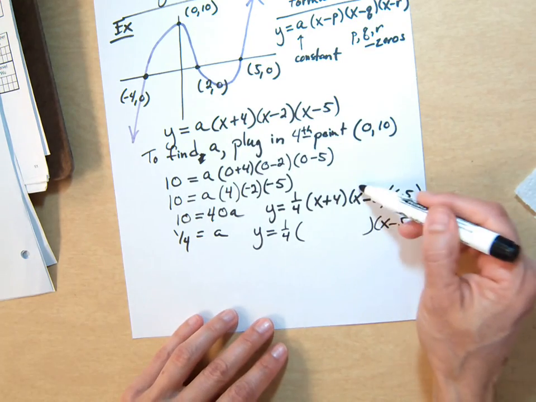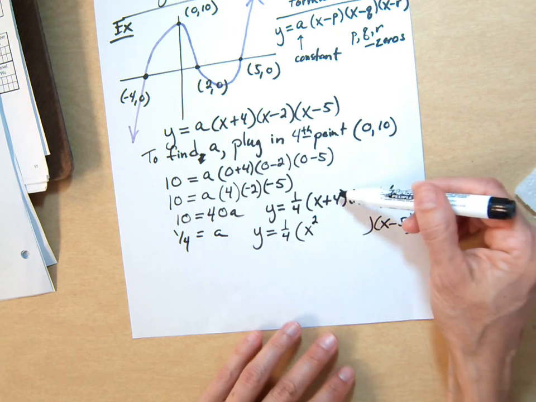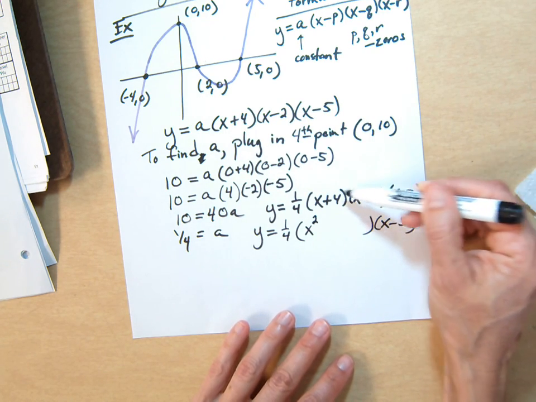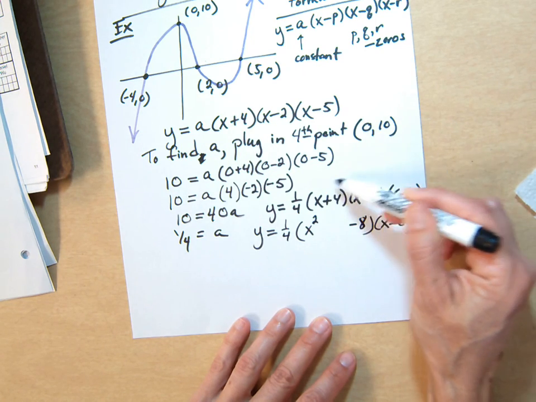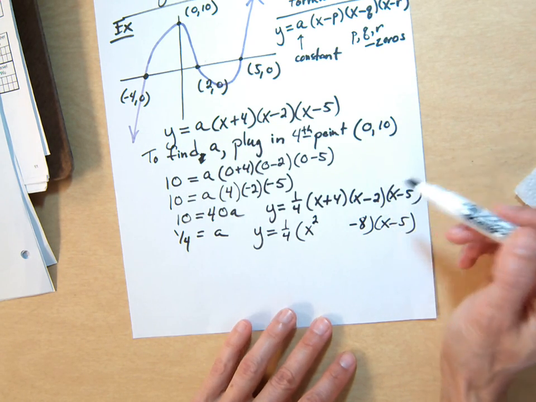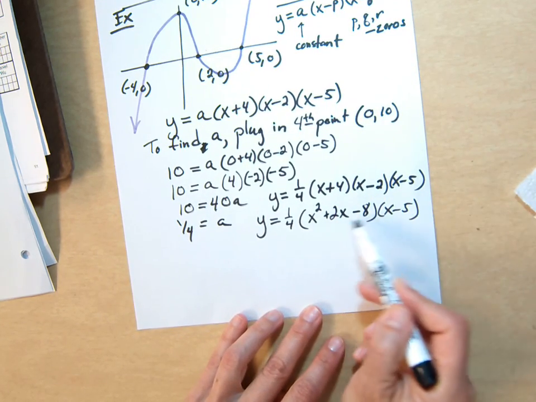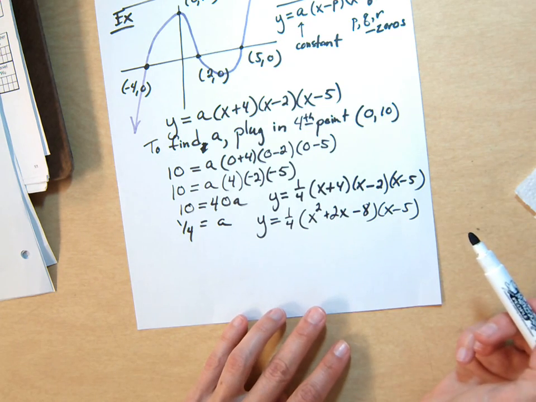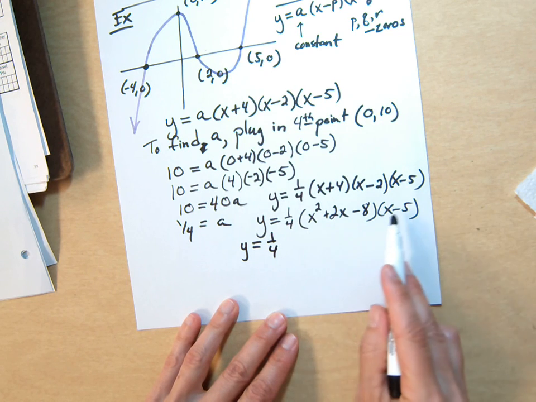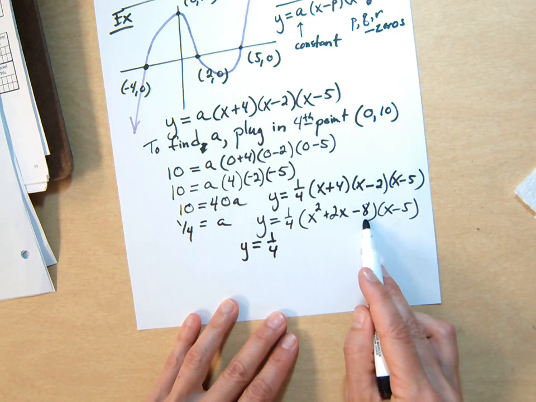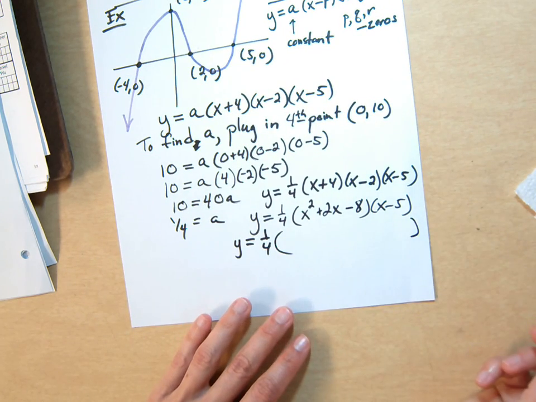And so you get x squared, and then the outer terms, when you multiply them together, you get negative 8. And the inner and the outer is 4x plus negative 2x, which is plus 2x. So if I multiply these two together, I get this, after combining like terms. And now I'm just going to distribute the x squared to both of these, the 2x to both of these, and the negative 8 to both of these. And I'll write it all in one set of parentheses.